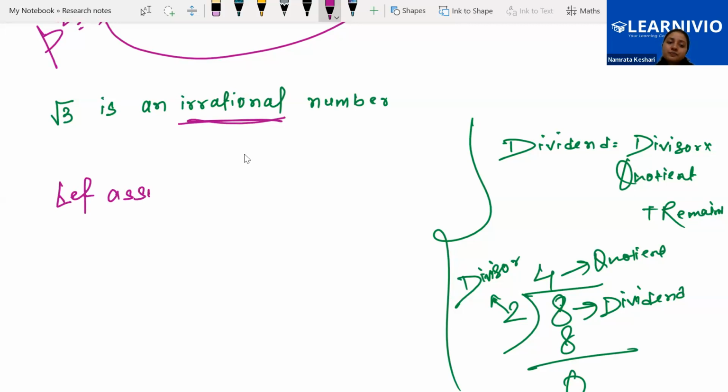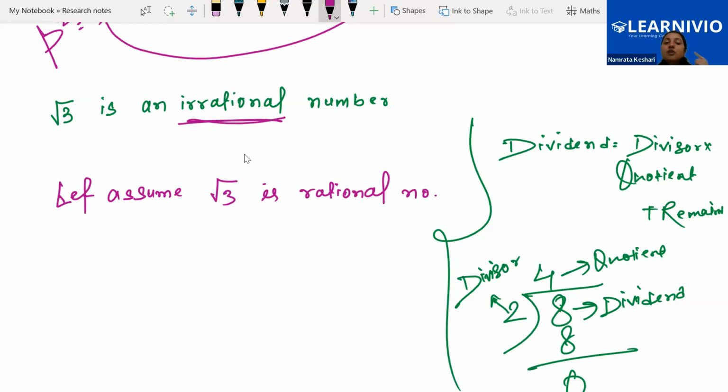Okay, so let's assume root 3 is a rational number. Once we have taken this assumption, since it's a rational number, according to our assumption, we can write it in the form of p by q, or a by b, where p and q are integers.